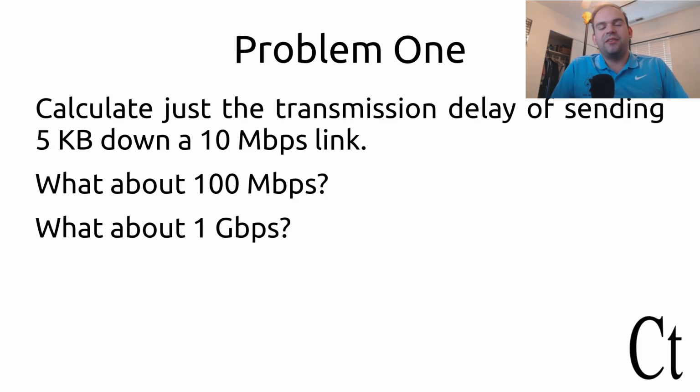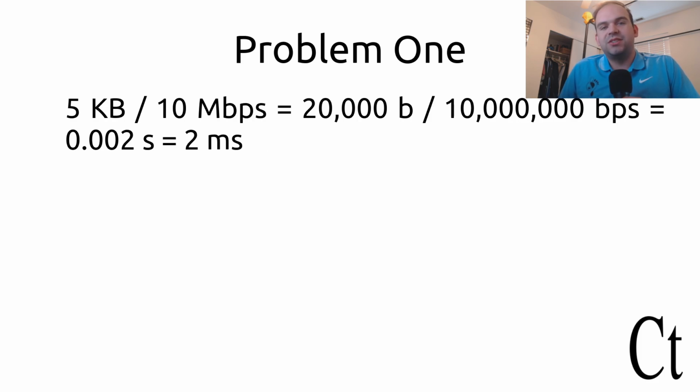If you have ever done any calculations about distance and velocity, this is going to be a pretty easy problem. All we're going to do is divide 5 kilobytes by 10 megabits per second, and then 100, and then 1 gigabit per second. And that's going to be the transmission delay. So for 10 megabits per second, you'll see that 5 kilobytes is actually 40,000 bits.